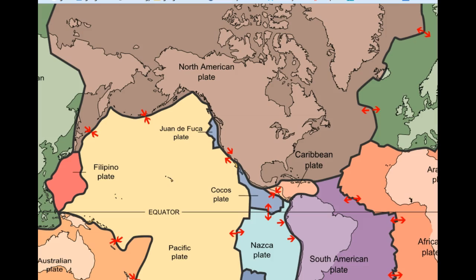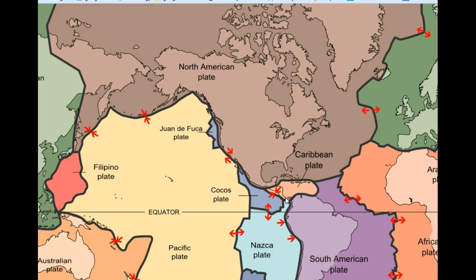Okay, so here you see North America, and most of Central America is on a plate called the North American plate. And wherever these solid lines are, that's the plate. And here we have the Caribbean plate, and we kind of learned where the Caribbean Sea is. We have this little small one here, the Cocos plate.